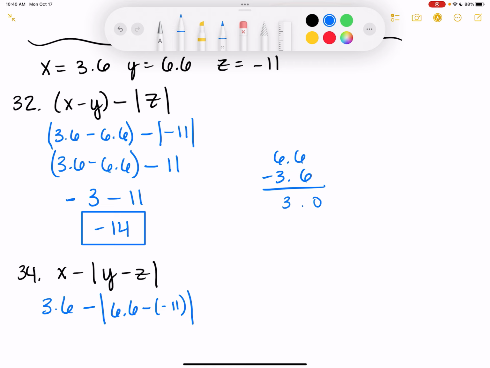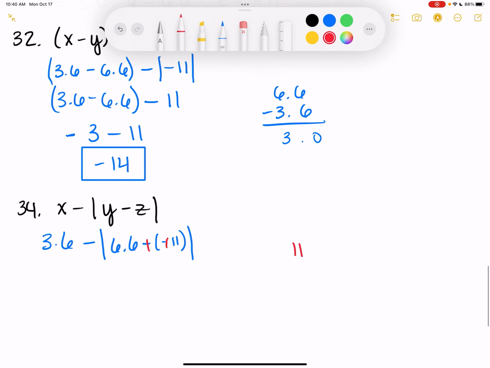So what do I need to do in there? Yep, so I'm going to make this an addition. So then I will have 11 plus 6.6. So that's 17.6.